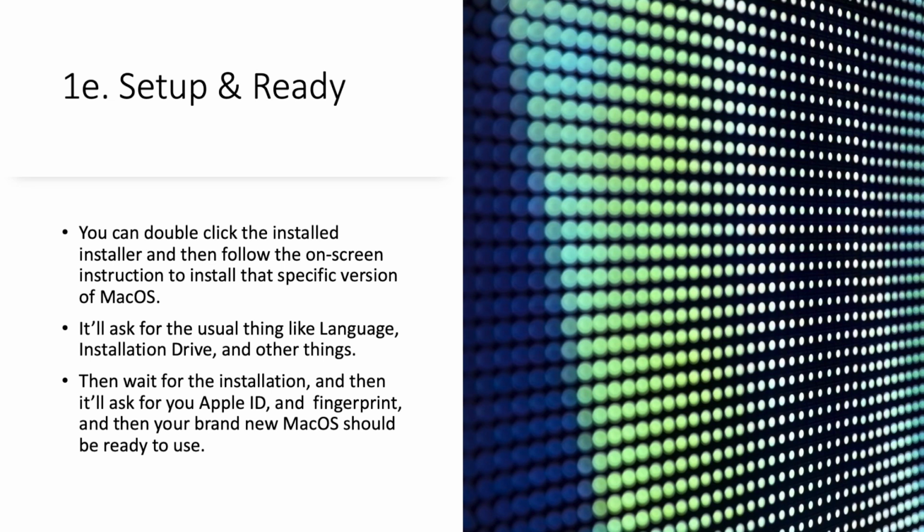It's going to ask you what language you want to select, where you want to install macOS. After all that, you're going to wait for 10-20 minutes, and then it's basically ready to use, and you just put your Apple ID and fingerprints and all that into it, and then your new macOS should be ready to use.